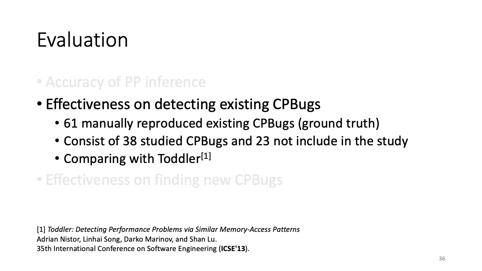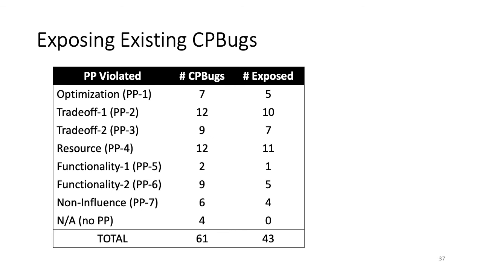Toddler is an effective pattern-based approach to detect performance bugs that are caused by inefficient loops. CP-Detector successfully exposed 43 out of 61 CP bugs, while Toddler can only expose 6 of them. This is because Toddler only targets a specific type of performance bugs.